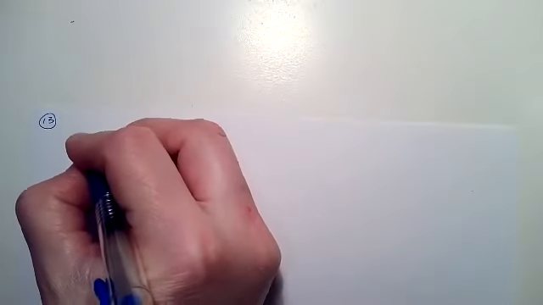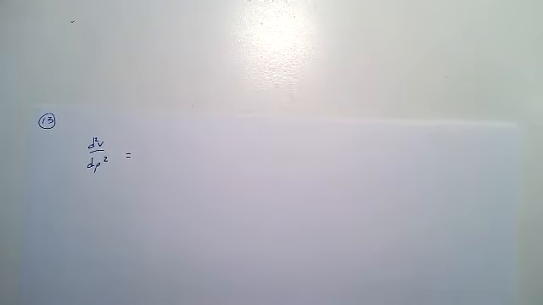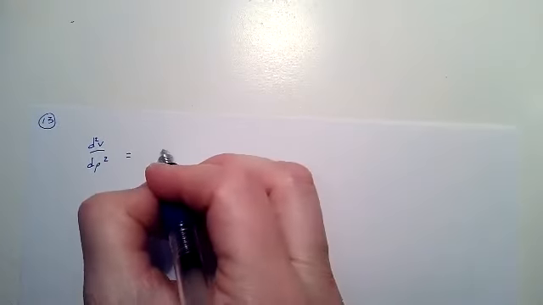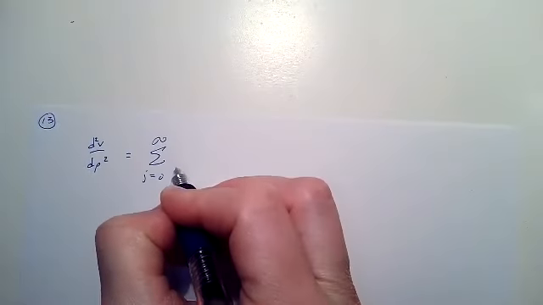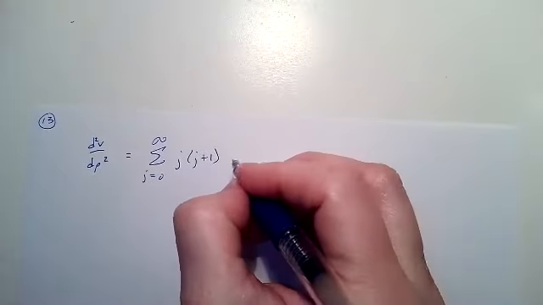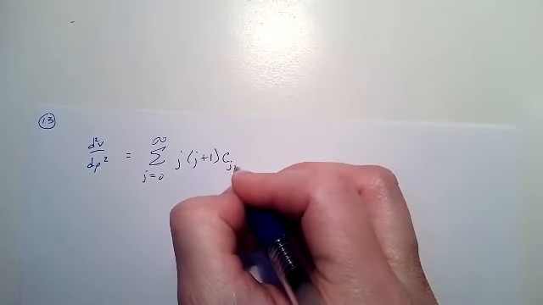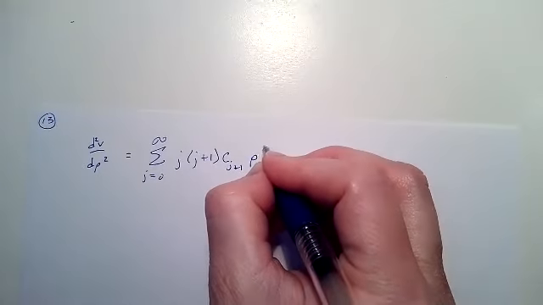Then our second derivative, we're going to write in the same way. So our second derivative, we're taking that rewritten one where we've moved the dummy index to j plus 1 from j.